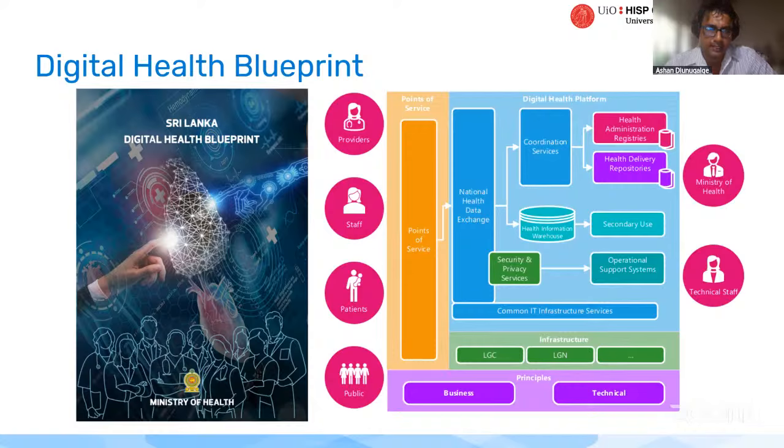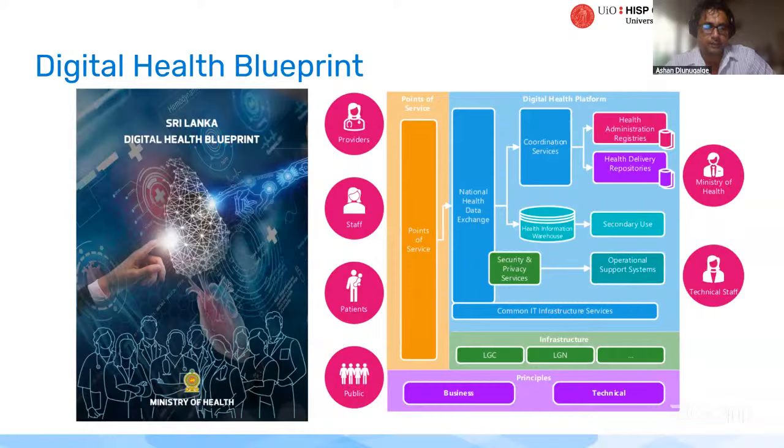As you can see, it is providing guidance to the system development, integrations and governance of the health information systems. So where all your systems are going to fit, what are the services you need, it actually provides a clear picture.